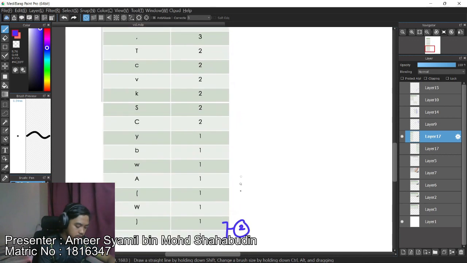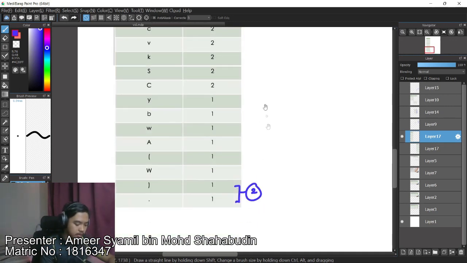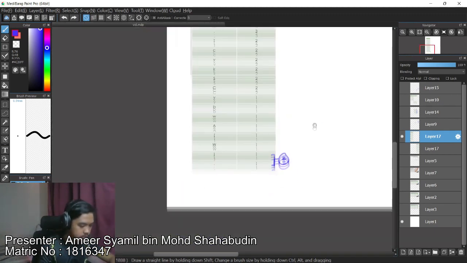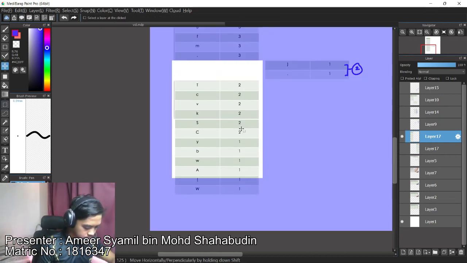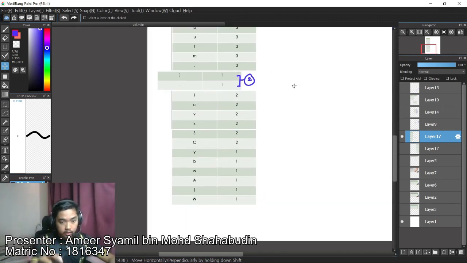So we put the node here, between the comma and the capital T. I've got to speed up the process a bit. Now, as you can see, the node 2 is between comma and capital T, because the comma has the higher frequency, which is 3, and T has the same frequency.